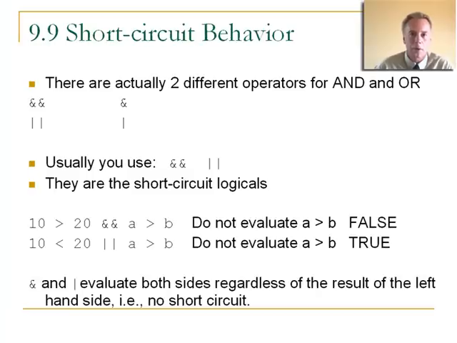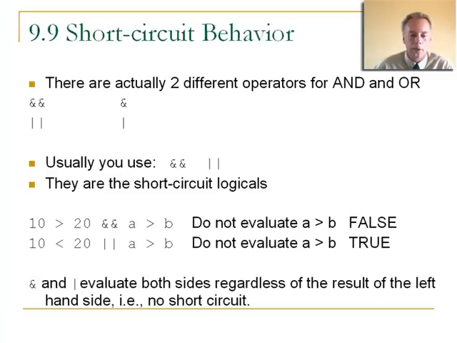Similarly for or, there's another operator with 1 vertical bar. Usually you would use the ones that I introduced first, the double ampersand and the double bars. And I'll explain now why there are 2.